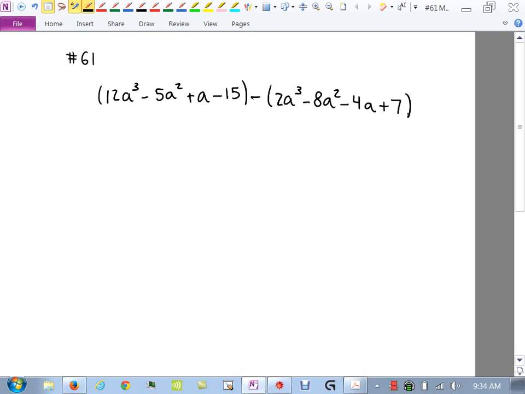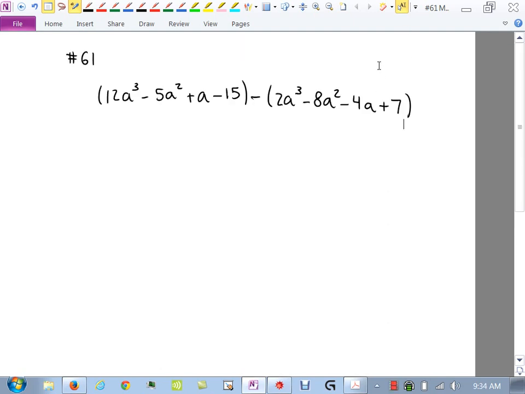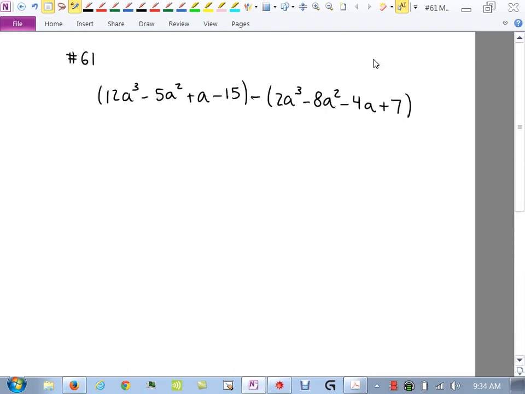Okay. So what we want to do here is get rid of these parentheses. How can you get rid of the parentheses there? Just distribute, but on the second set of parentheses, I have to change all the signs, don't I? In the first parentheses, I don't have to change anything.